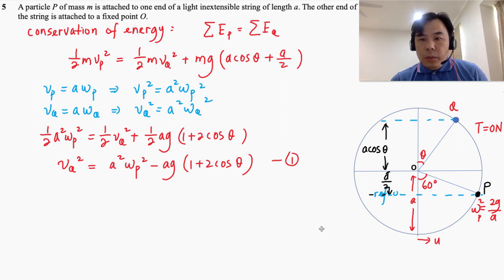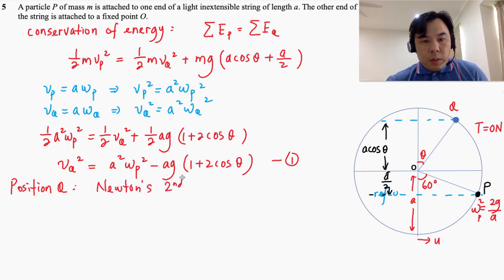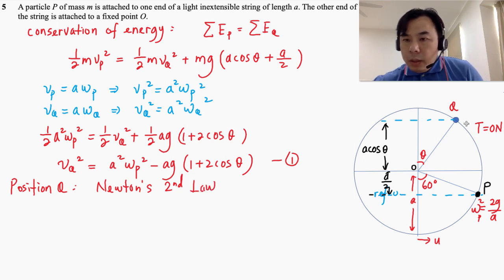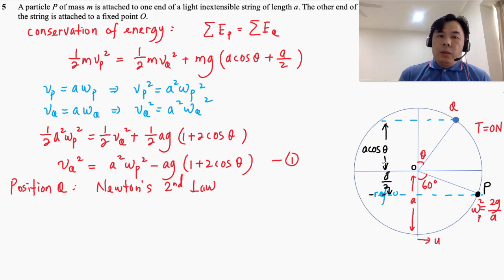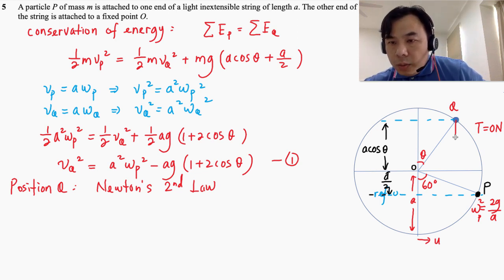And then from here, we can also apply Newton's second law at position Q. As I mentioned before, whenever you apply Newton's second law, you must label all the forces that are acting on the object. So we have mg. At the same time, we have tension.